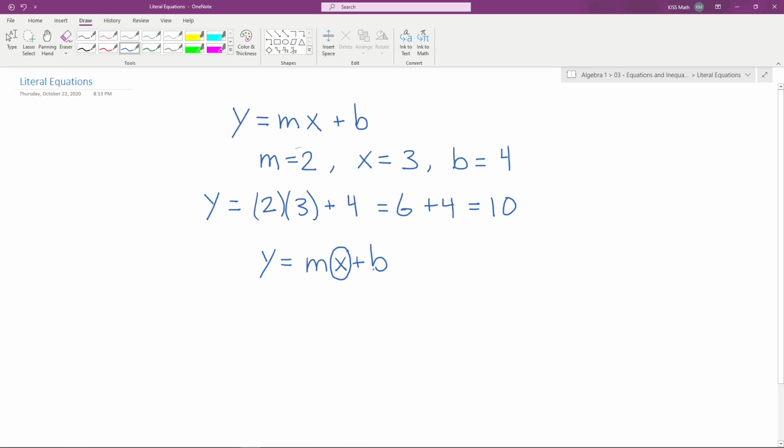And we do that by moving this b over to the other side and dividing off this m. So if I want to just solve for x, I'll subtract the b out and divide both sides by m. And now I have the same equation but solved for a different variable, x.